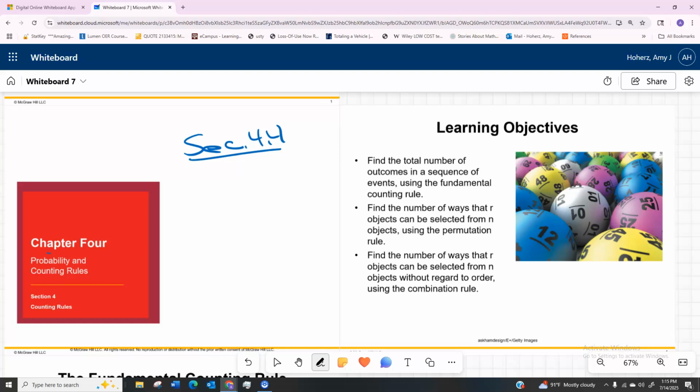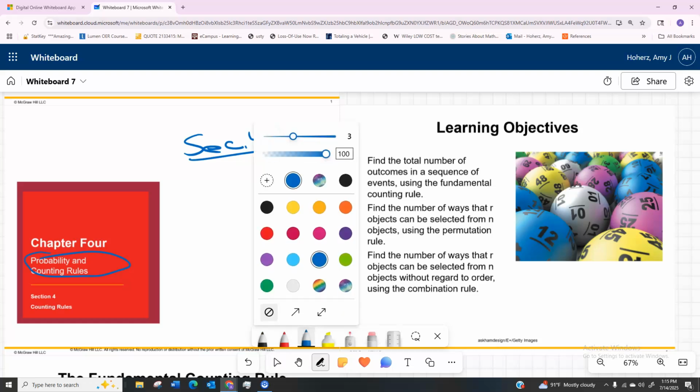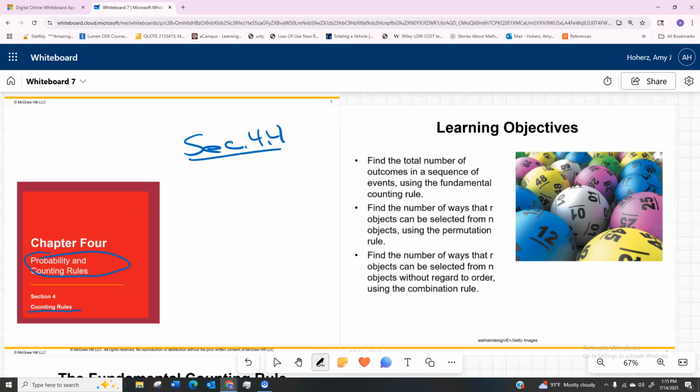And we're still talking about probability, of course, and now we're going to talk about those counting rules that we've mentioned a couple times. We're going to have 3 learning objectives. We want to be able to find the total number of outcomes in a sequence of events using the fundamental counting rule.